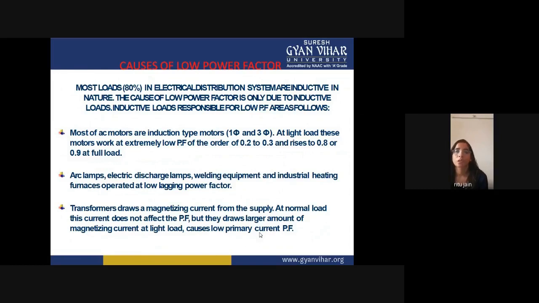But you can't ignore these motors, lamps and other equipment because they are necessary for our daily life. So the second option is that you have to improve the power factor by some other methods.